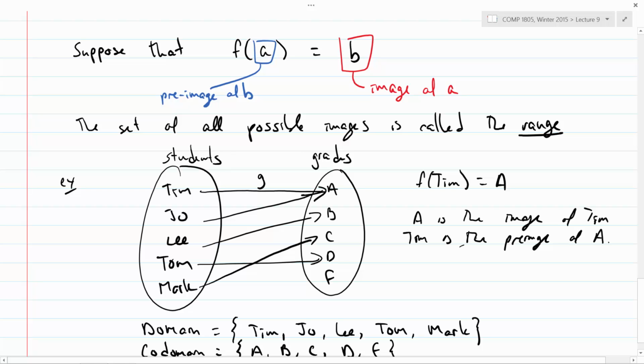Should I say A is a image of Tim or an image of Tim? No, it's the image, because Tim only has one grade. There can only be one image. Okay?